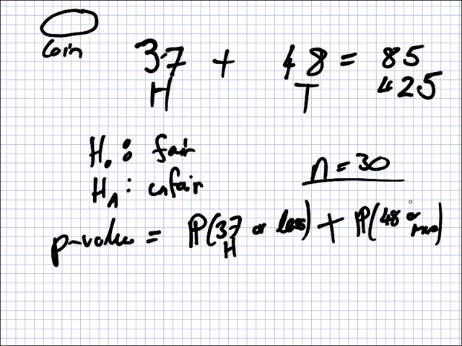So this will be 1 minus 8 or less. N is 15, P is 0.45, and X is 8, and the answer is 0.818. There you go.